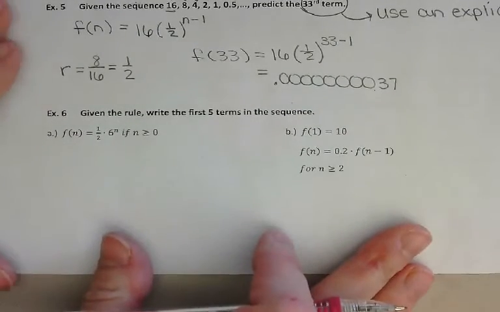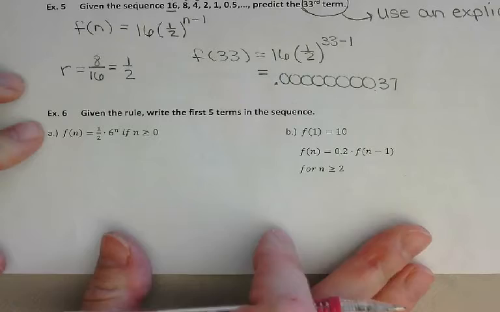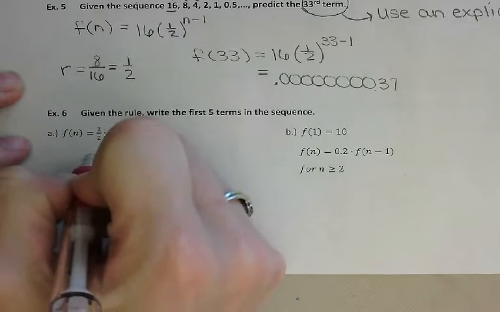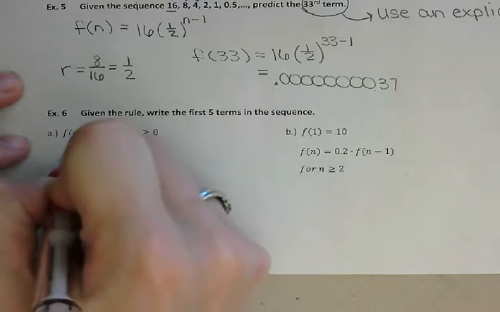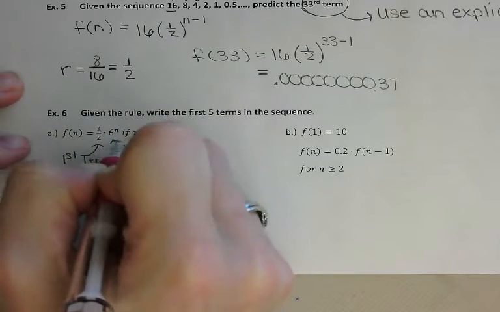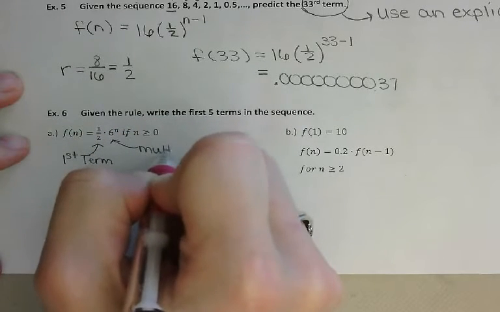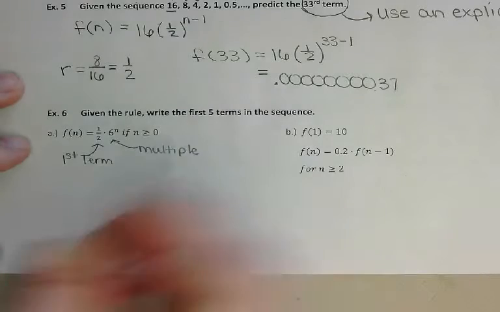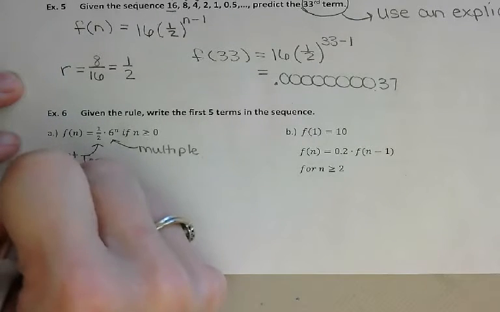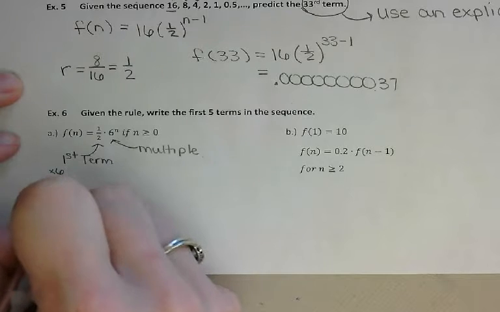All right, let's look at this rule. We're going to write out the first 5 terms. So again, remember that this is your first term, and this is what they are multiplying by. So the first term is 1/2. Then we're going to take 1/2 times 6, and we're going to get 3.